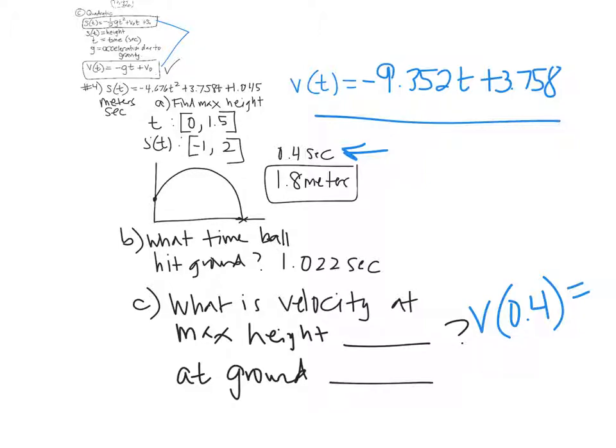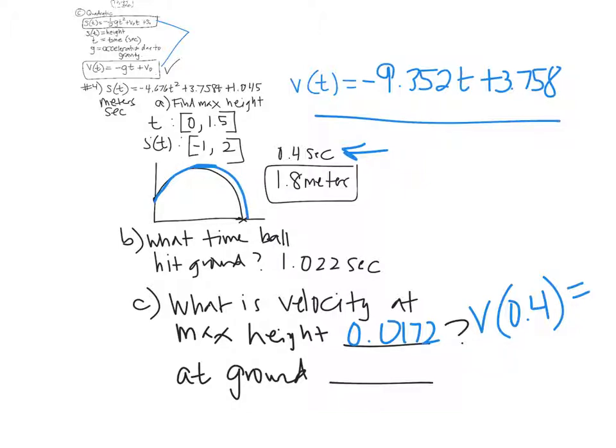So you go negative 9.352 times 0.4 plus 3.758. What did you get? You get 0.0172. It should be 0, right? Do you know anything about physics a little bit? This ball's going up, and when it reaches the maximum height, the velocity is 0. And then it comes back down. And now it's increasing, coming back down.